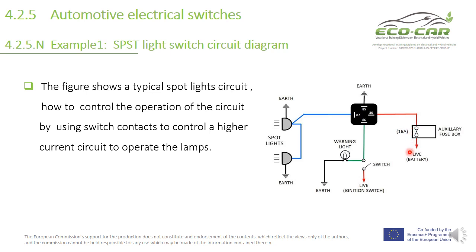So it is connected to the positive terminal of the battery. So this is just an example of how to use a single pole, single throw switch in this circuit to control the current that switches the light on and off.